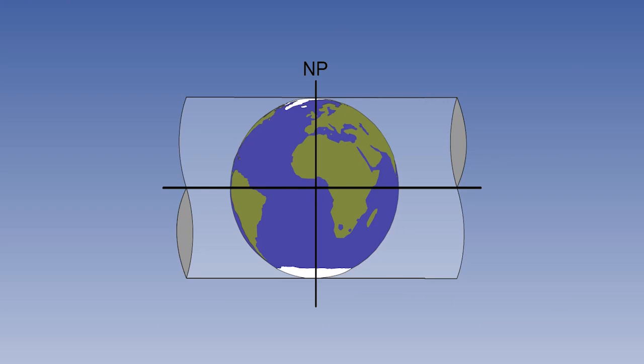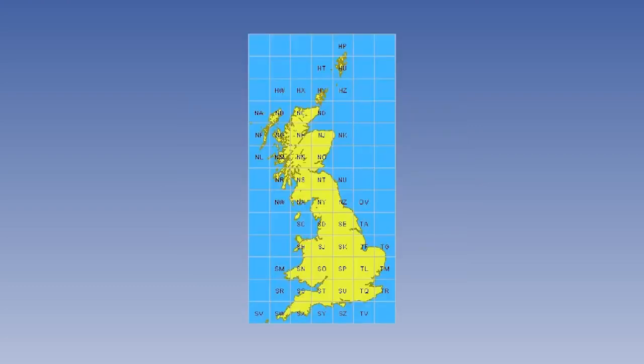This projection has three main uses, but one in particular should be remembered for examination questions. Its primary use is for large-scale mapping of long, thin countries with a large north-south extent and less east-west extent.